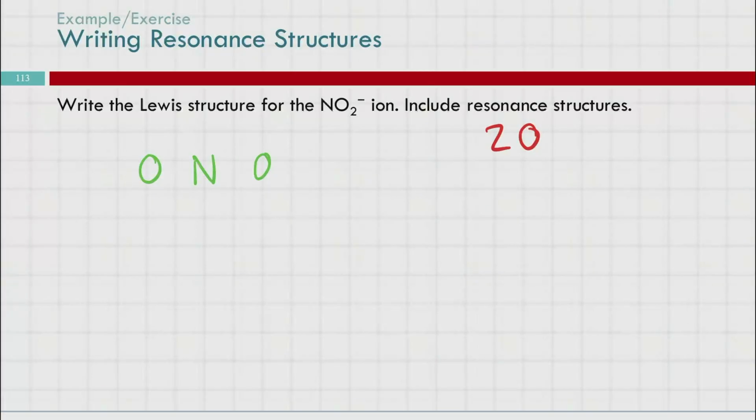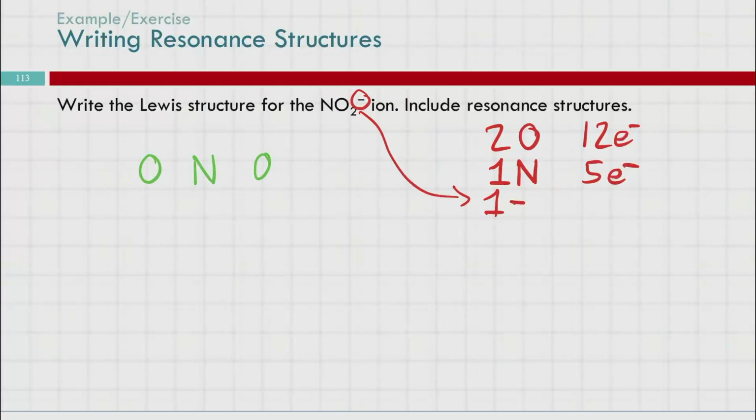Each of those oxygens has 6 electrons, so we've got a total of 12 electrons. We also have 1 nitrogen. The nitrogen has 5 valence electrons, and it's an ion. So we have a 1 negative charge. That means 1 extra electron. So our total count is the same as we saw with SO2: 18 valence electrons that we get to place.